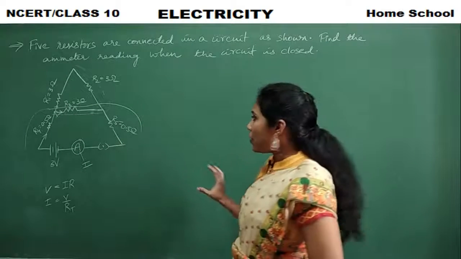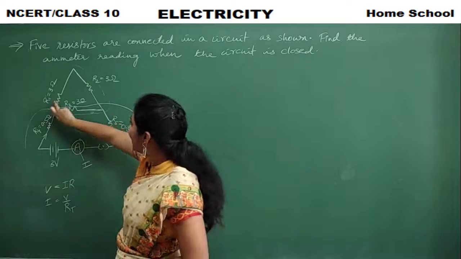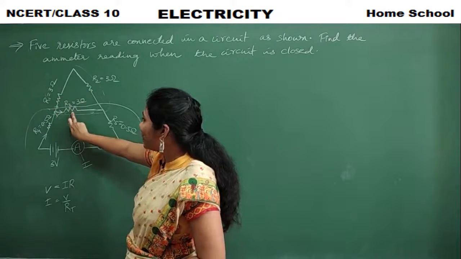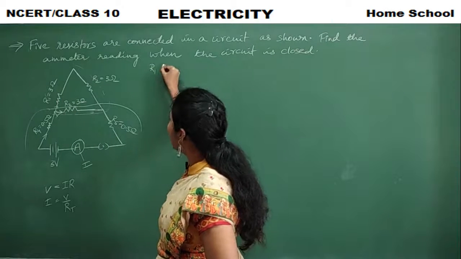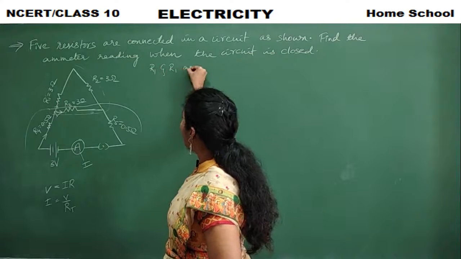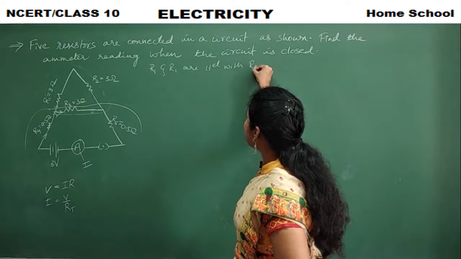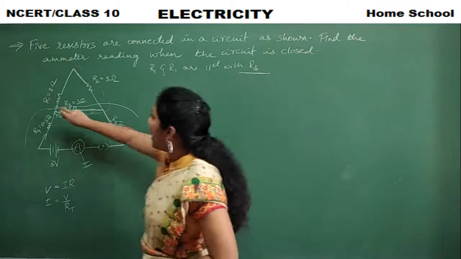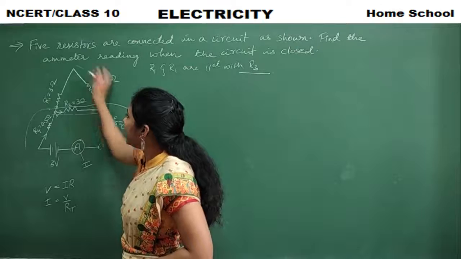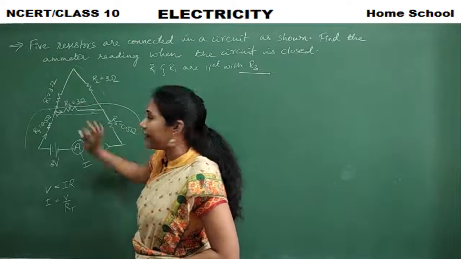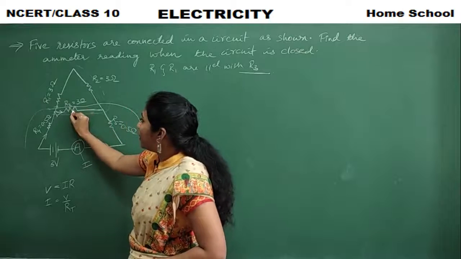So let us finish off this triangle part now. You can see here R1 and R2 are again parallel with R3, right? So what I would like to write here is initially R1 and R2 are parallel with R3. First, I'm doing the resistance of this triangle part. This and this is parallel to this.